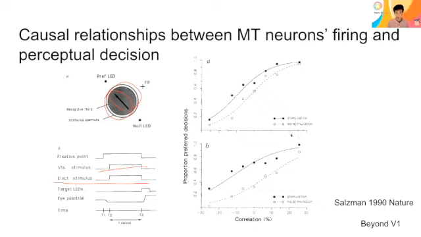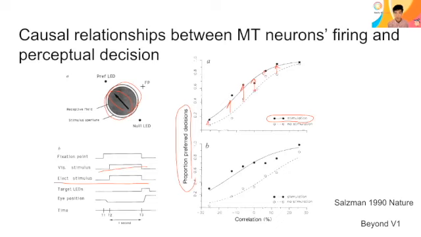With stimulation of that preferred location, the proportion of the preferred decision increased this way at each level of motion strength.